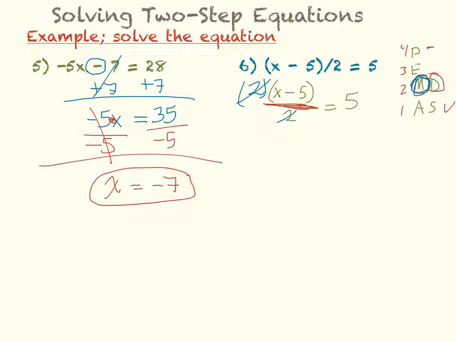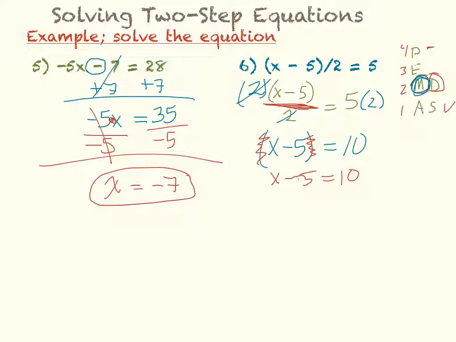Because when I multiply that by 2, it cancels out. Multiply 5 by 2. I get x minus 5 equals 10. Now I can write it without the parentheses if I want, because they no longer are doing any good. x minus 5 equals 10.